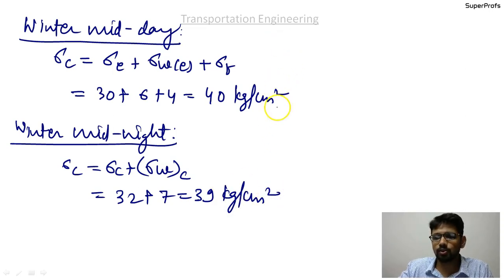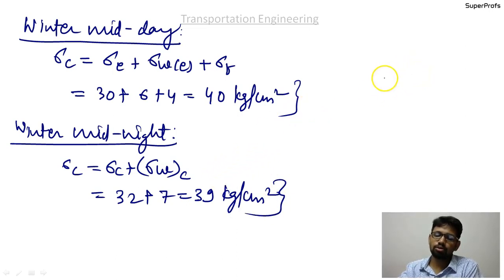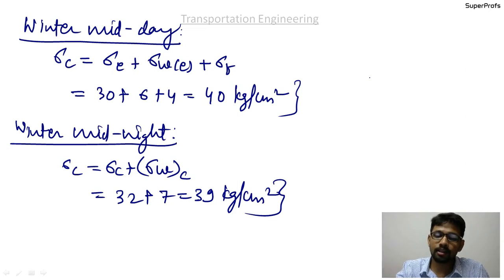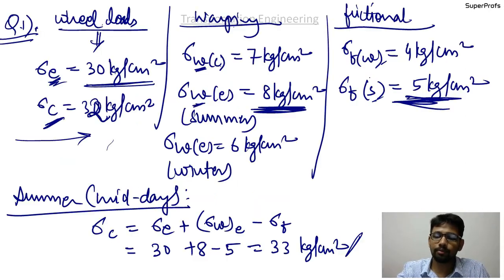So I hope that you already have done these two steps. Now we have got the three stresses, so which of these is the most critical one? That will be the maximum of these three.